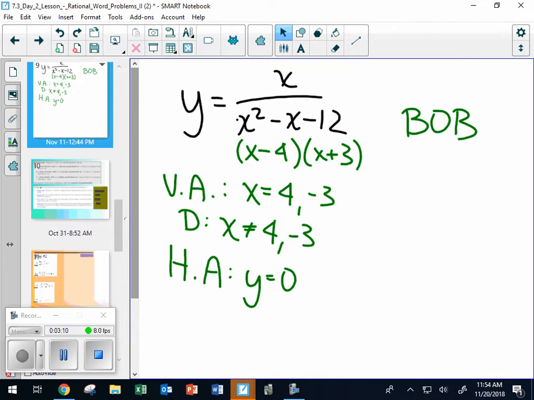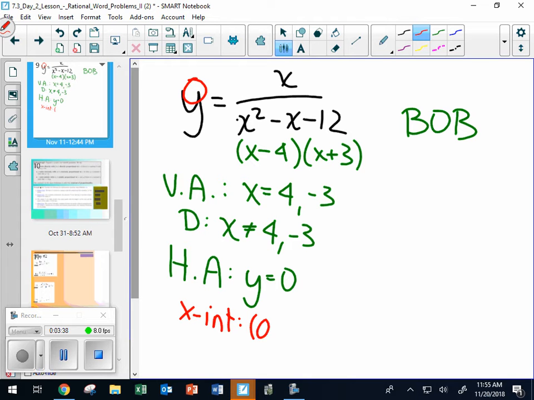Okay. Emil, would you like to call on somebody? Row 2, person 1. Ryan, can you tell us another piece of information here? Like, for example, could you tell us the x-intercept? Zero. Because if we just plug in 0 for y, what does x have to be? 0.